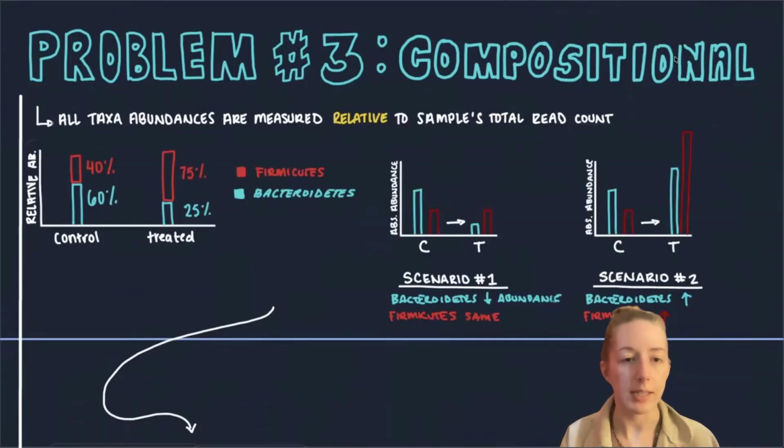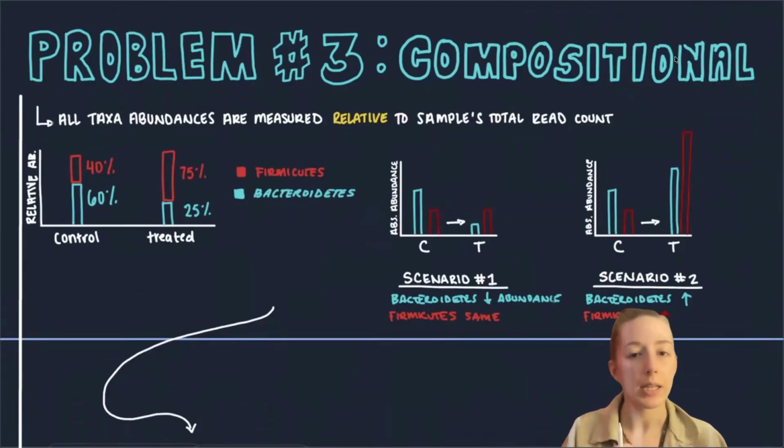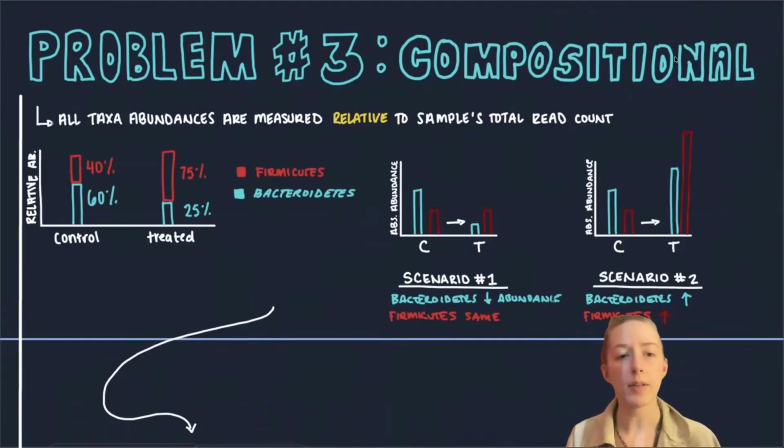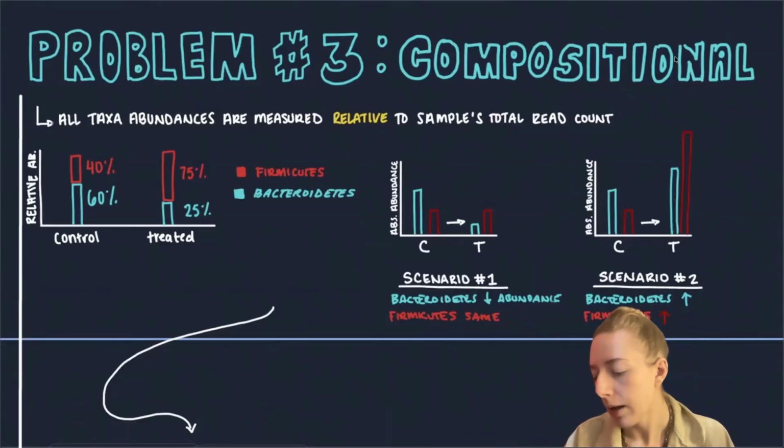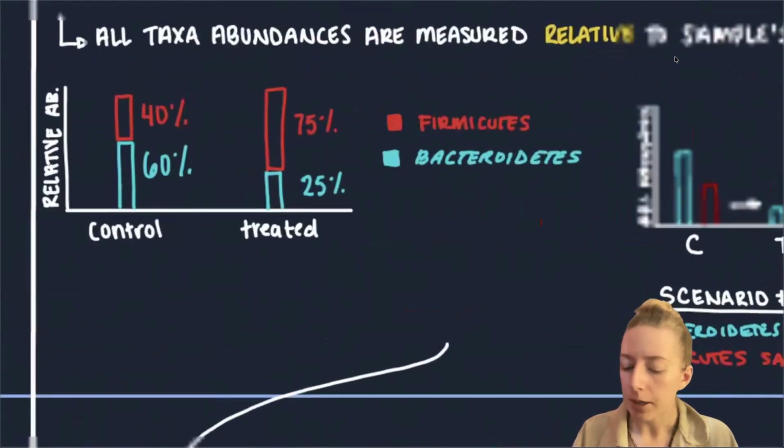That's something I want to emphasize: through the bench workflow, through the sample collection, DNA extraction, PCR, and sequencing, we no longer have the true scale of the amount of microbes there were originally, but rather simply a proportion, a ratio of all the microbes. The implication is that it's hard to tell what is really driving the changes in the ratios of our microbes. This example here is a common one.